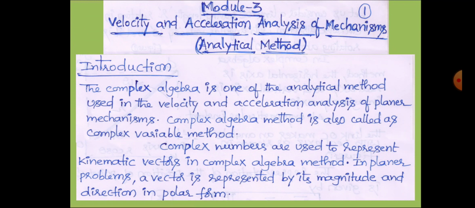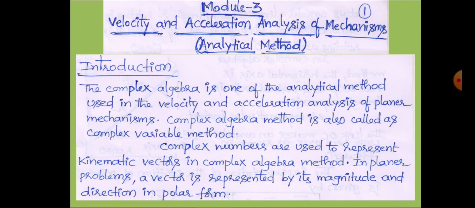The complex algebra method is also called the complex variable method. In the complex algebra method, complex numbers are used to represent the kinematic vectors. In planar problems, a vector is, what is meant by a vector?